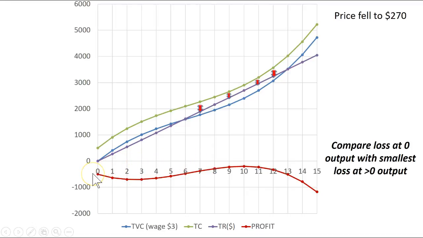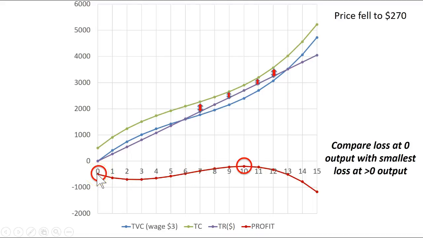But if we compare the amount of profit, or the loss, generated when the firm produces 0 versus the smallest loss at some quantity greater than 0, in this case 10, this is the peak of the loss curve, we can see that the loss is slightly smaller if the firm produces 10 units of output versus if the firm produces nothing.